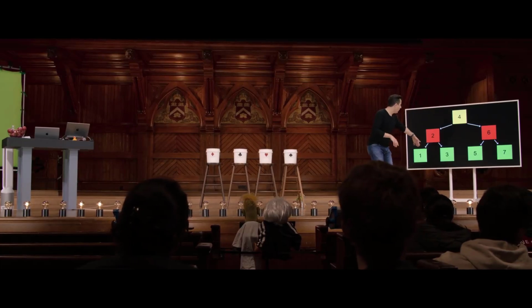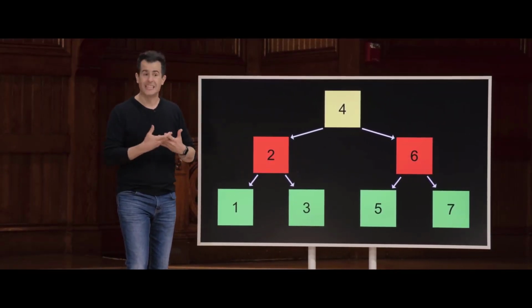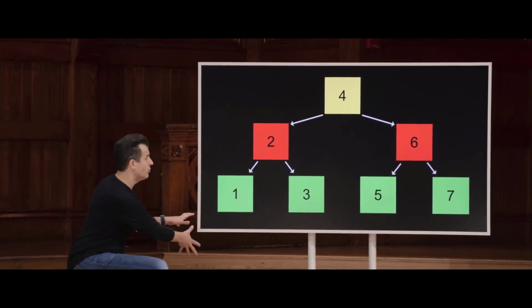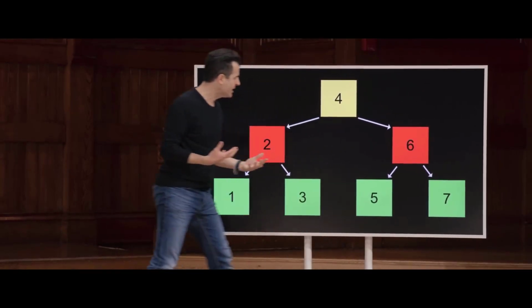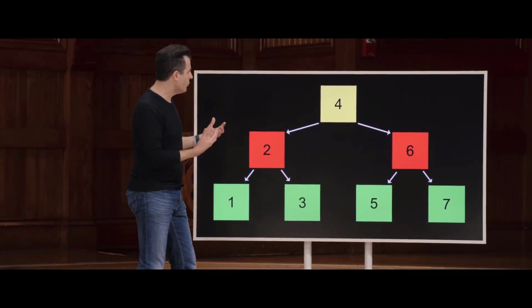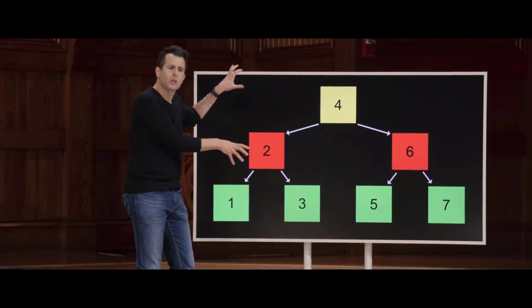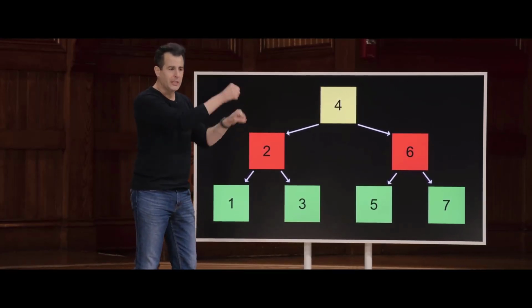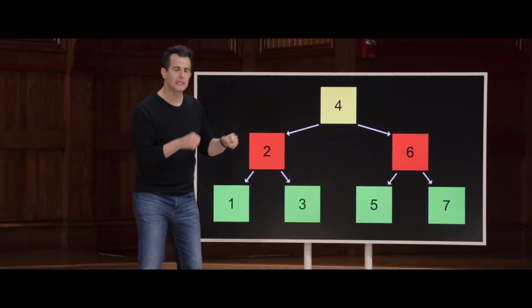And moreover, even though I've kind of painted myself into a corner visually on the screen, so long as there's more memory in the computer, I could put the number 0 over here. I could put the number 8 over here. And if I'm smart, if I want to insert other numbers like 2.5 or 1.5 or values in between, I bet we could make room by swiveling things around and hanging things off of these branches slightly differently.